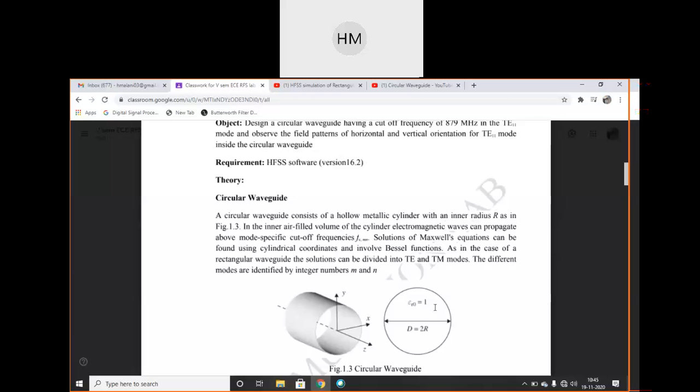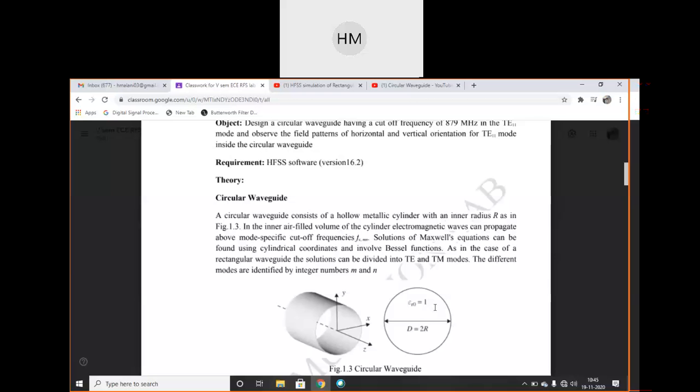Solutions of Maxwell's equations in cylindrical coordinates involve Bessel functions. As in the case of a rectangular waveguide, the solution can be divided into TE and TM modes. We all know transverse electric and transverse magnetic modes. We can find out the solutions in both the modes.